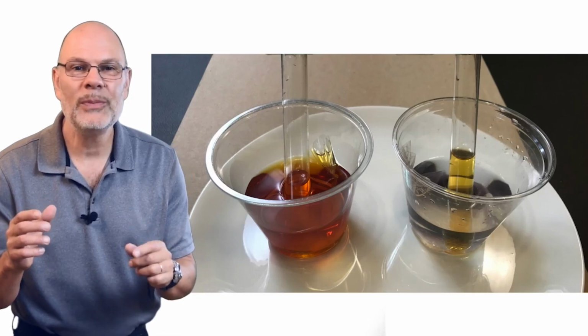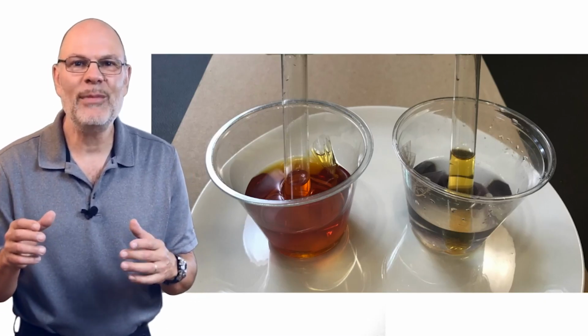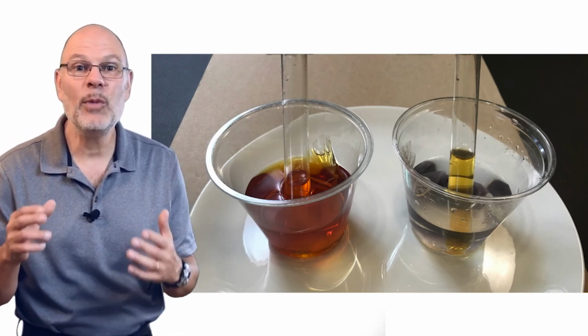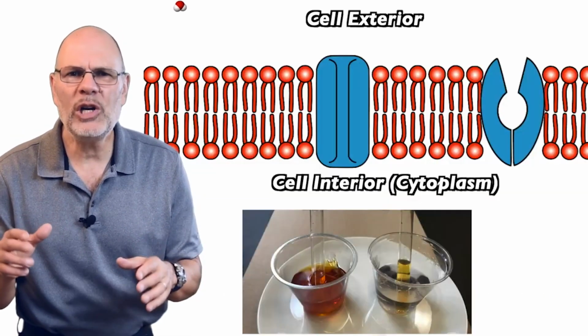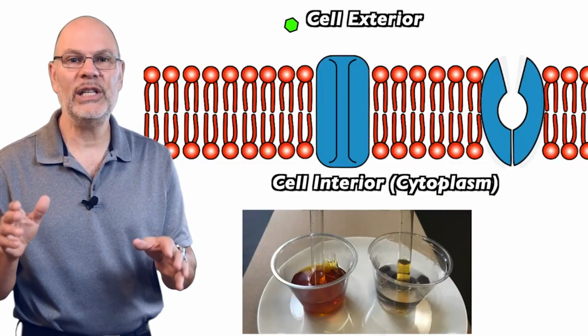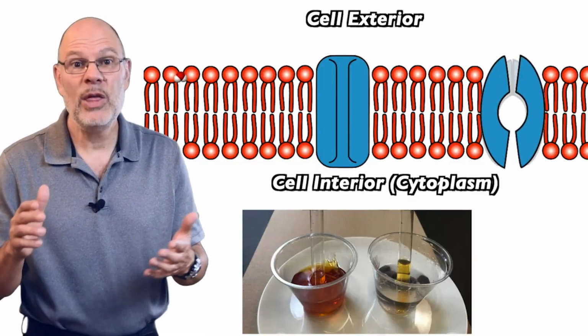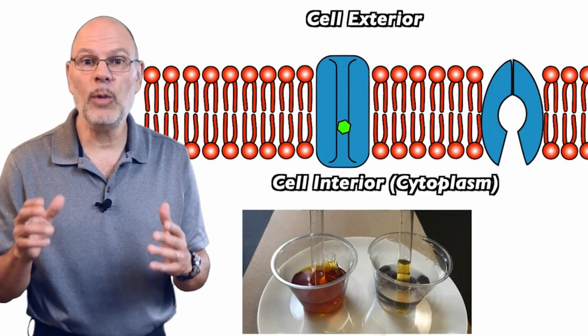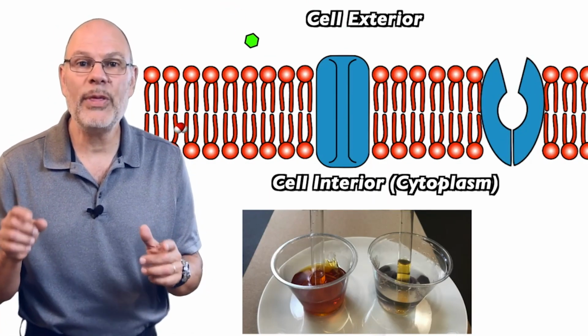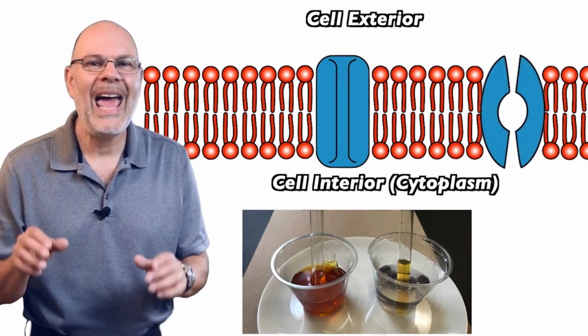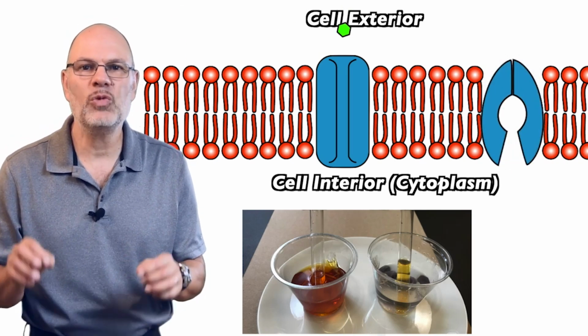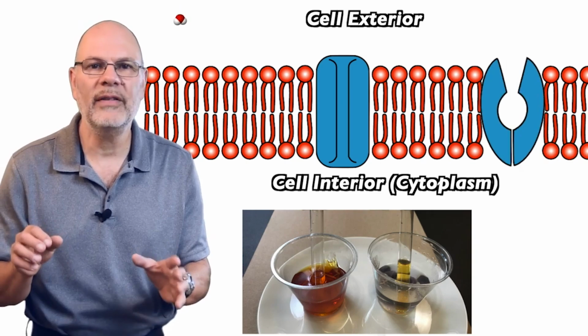Why is this important? What we've done in this lab is to demonstrate the properties of a selectively permeable boundary. And while the structure of a cell membrane is completely different from this dialysis tubing, the membrane is also a selectively permeable boundary. It lets some things pass through, but not others. And that selective permeability is really the basis of all living systems.